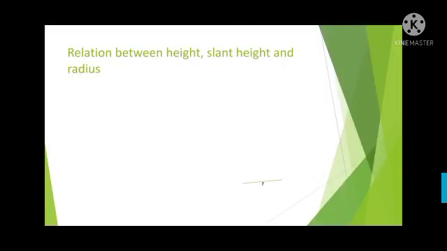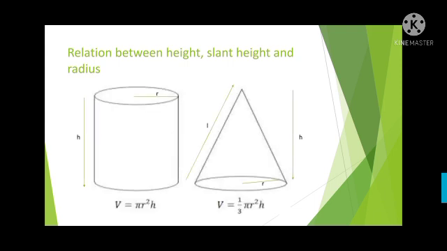Now we'll see the relation between height, slant height and radius. So here you can observe that in the cylinder we can directly measure the height from top end to bottom end, but that's not the case in the cone.